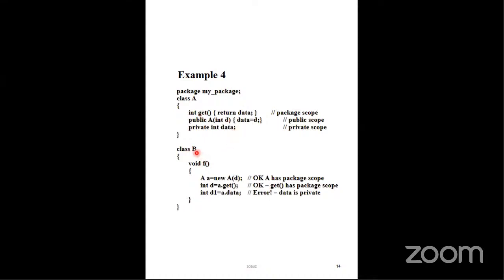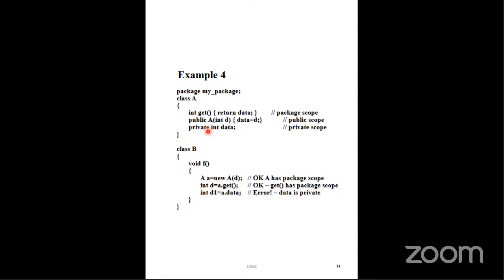So class B, though it can see class A, can access its method because it is default, and can create an object of this class because both classes are in the same package, but it cannot access this data member because it is private.